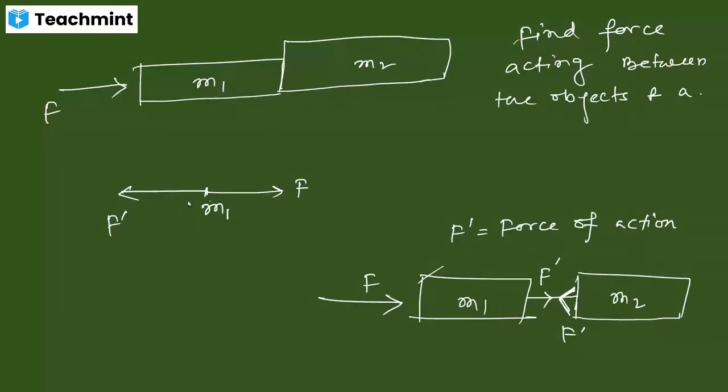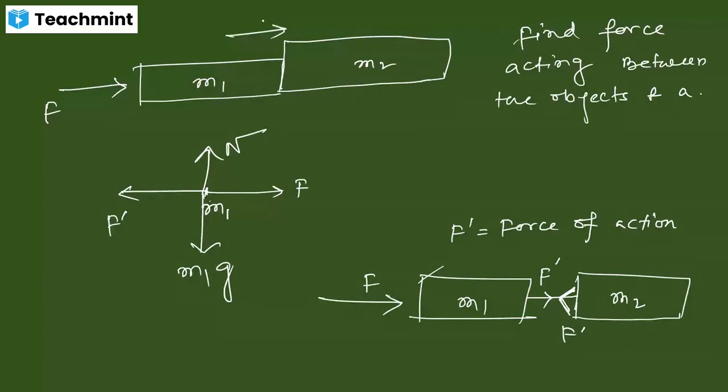M1 has applied a force of F on M2, and M2 has applied a reaction force of F dash on M1. M1 has the weight M1 into g. The normal reaction force is N. This is the free body diagram of M1. So what I can say from here, the object is accelerating.